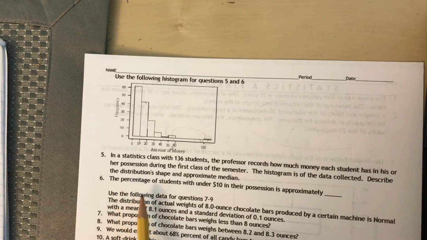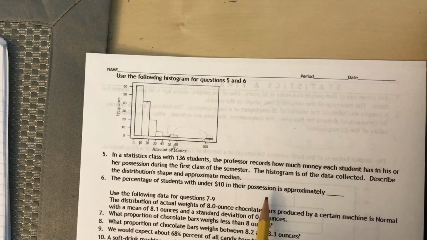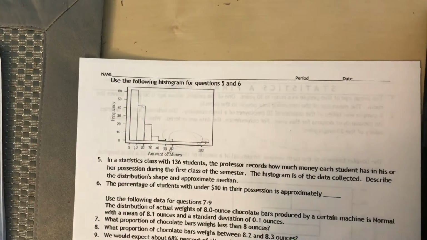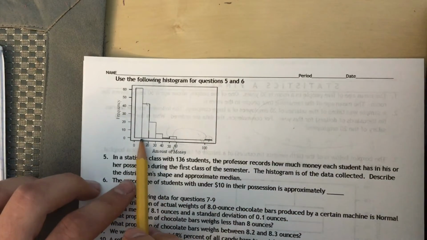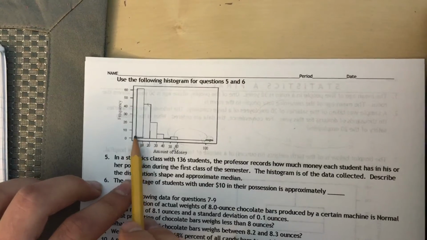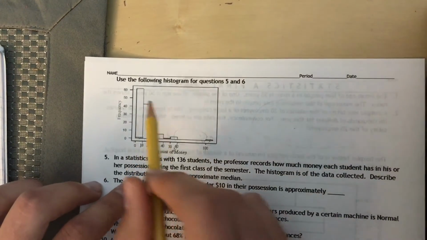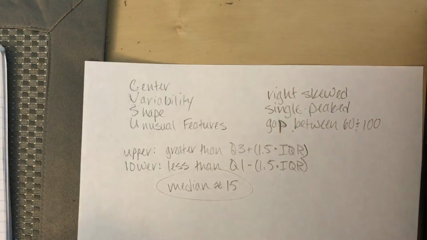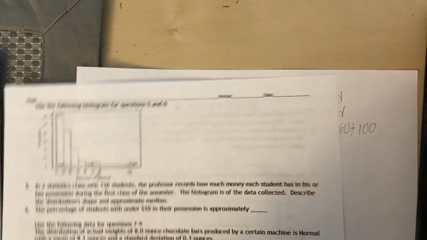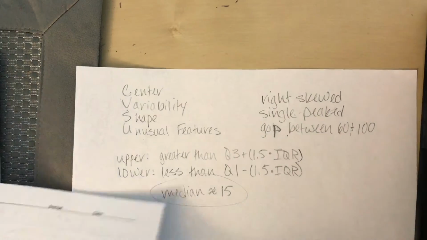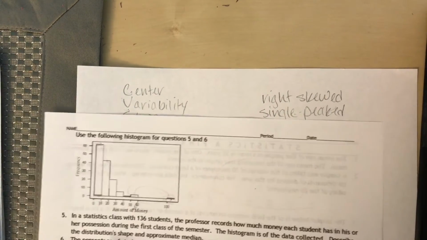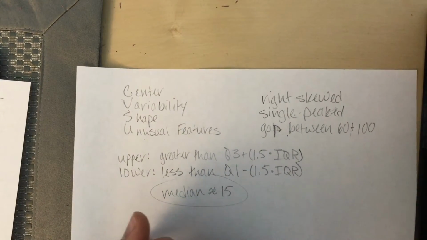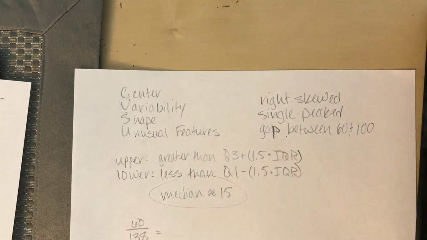Number 6 uses the same histogram. It says the percentage of students with under $10 in their possession is approximately what? You're looking at under 10, so that would be this first column, which we said before was approximately 60 students. To get the percentage, it would be 60 over 138, which equals, let me get my calculator.